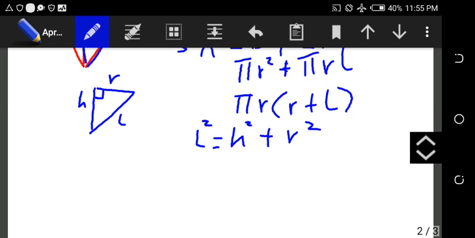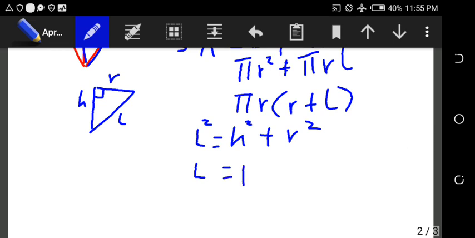That means that our L is equal to the square root of H squared plus R squared, and that will give us the value of our L. So if there is any need for us to compute the value of L, this is the formula we need to use to derive a value for L.